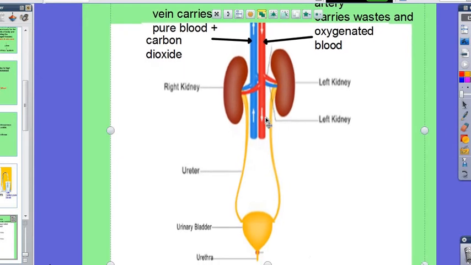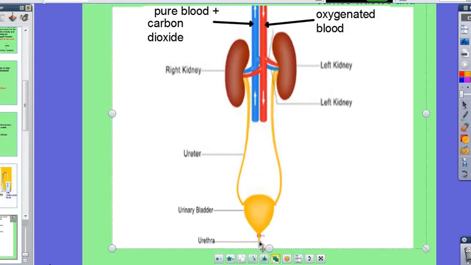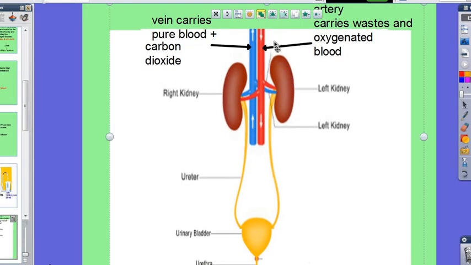Let's study the structure of the urinary system before we talk further. We have two kidneys here, ureters, urinary bladder, and we have the urethra. So here the artery which is filled with blood and wastes will enter two kidneys.